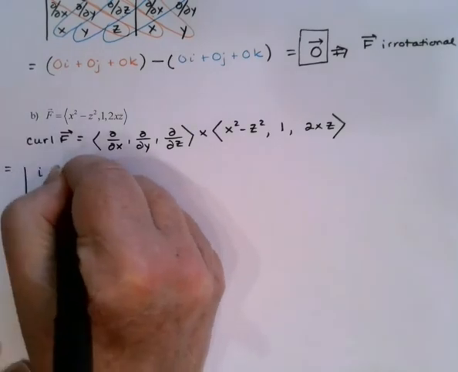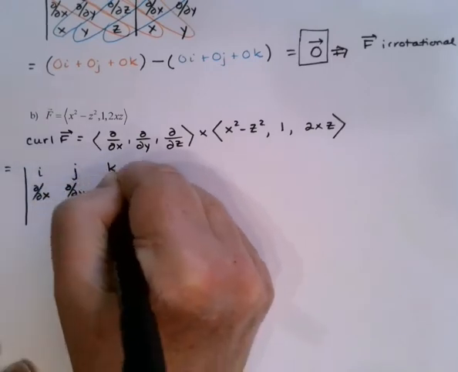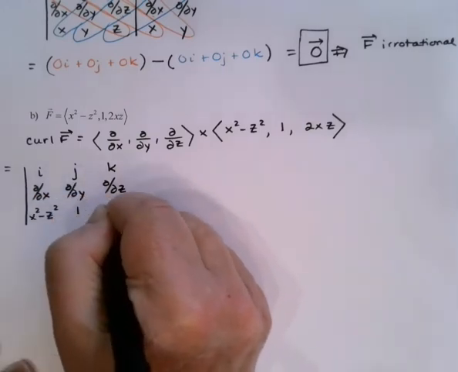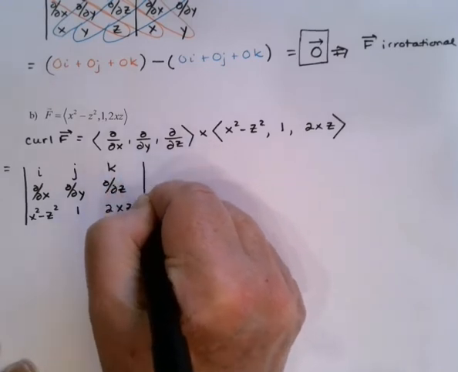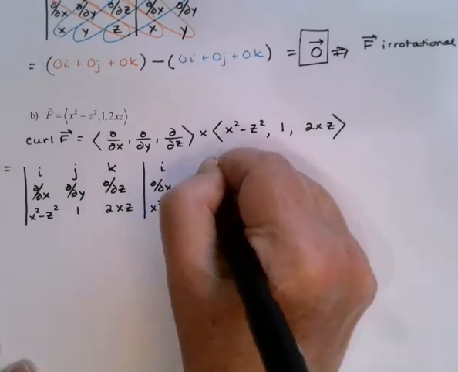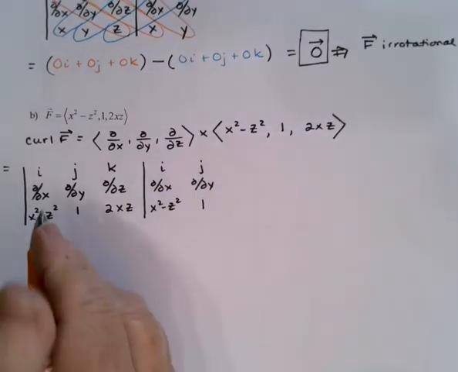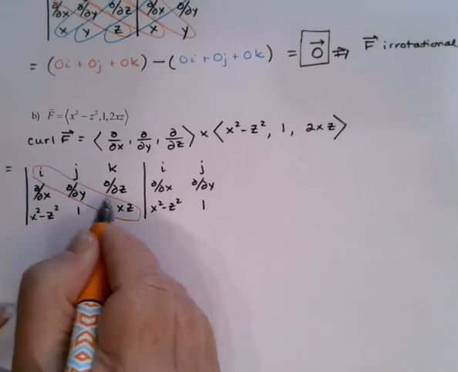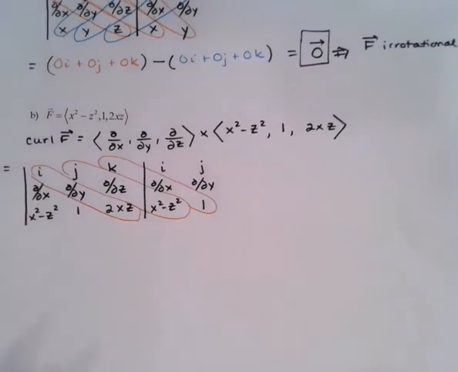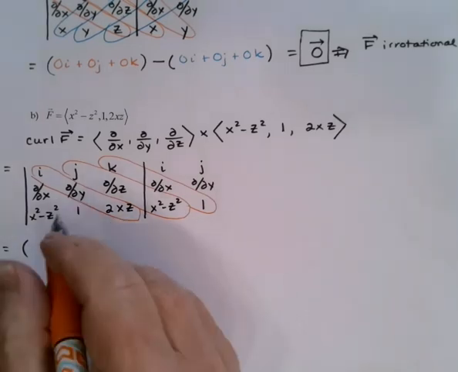And so I'm going to set up my matrix. And first of all, I'm going to get, let's see, there's no y's here, so that'll be a 0i.